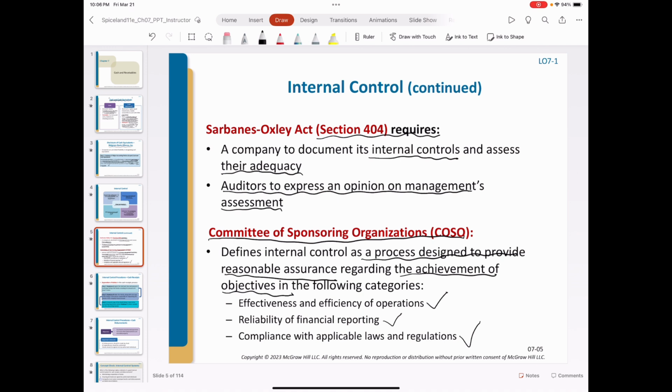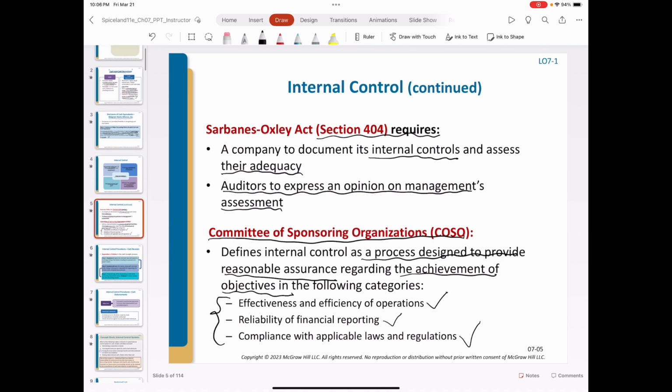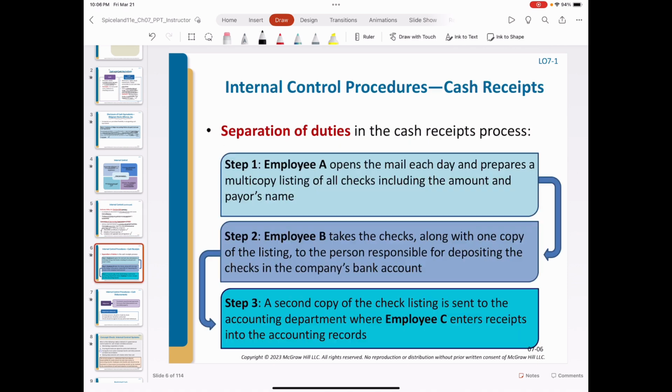The purpose of internal control, in summary, is to achieve these objectives. If we apply internal control to cash, here are internal control procedures for cash.